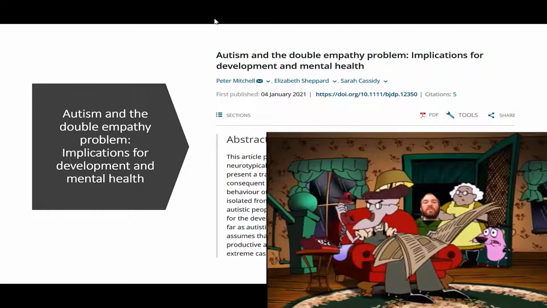And in this case, a study looked at mental health with that isolation, the double empathy problem, and the acceptance of particular theories contributing to the development of mental health issues in autistic individuals.